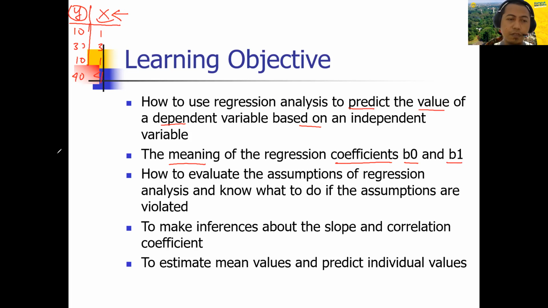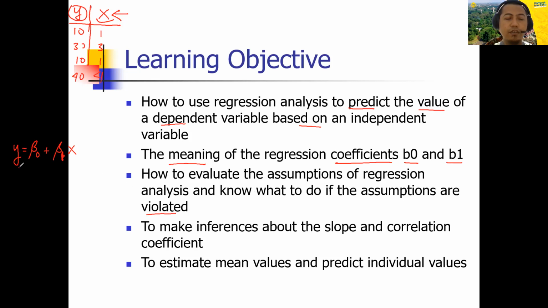If you remember, the y, once you plot it using Excel last time, you got the coefficients, beta 0 plus beta 1 x. And then how to evaluate the assumptions of regression analysis, and what to do if the assumptions are violated.